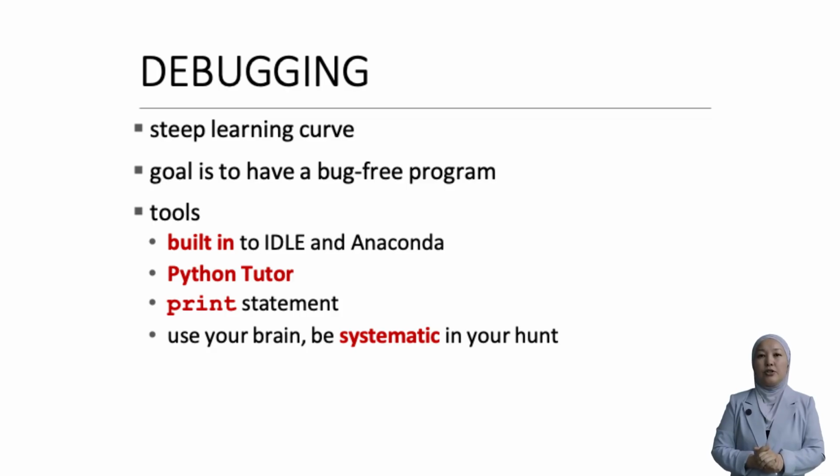Online tools like Python Tutor can visualize execution step by step. Sometimes the most effective and accessible tool is the simple print statement. Strategic placement of print statements can reveal the program's state at critical points. However, the most important tool is your own systematic reasoning. You must be a detective, forming hypotheses and gathering evidence methodically.